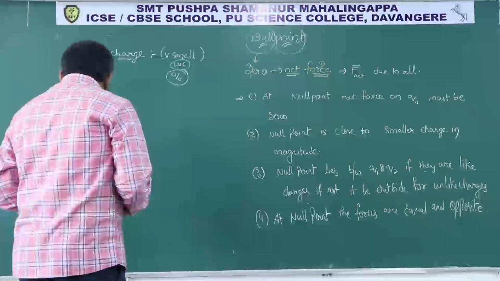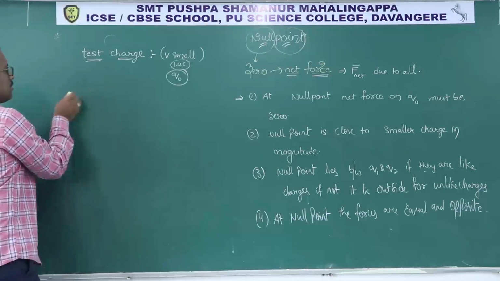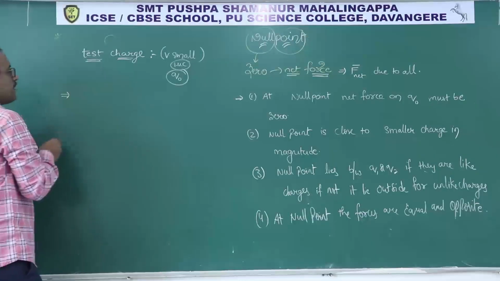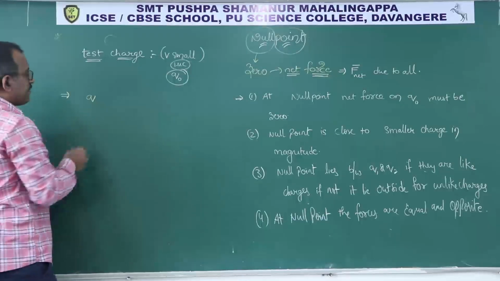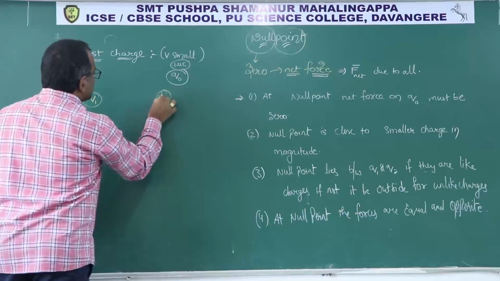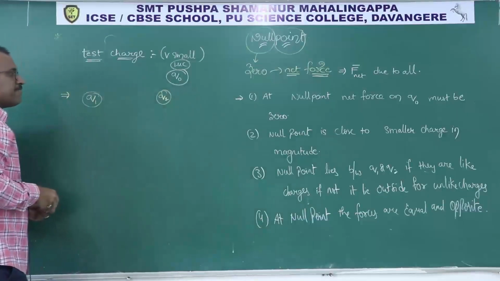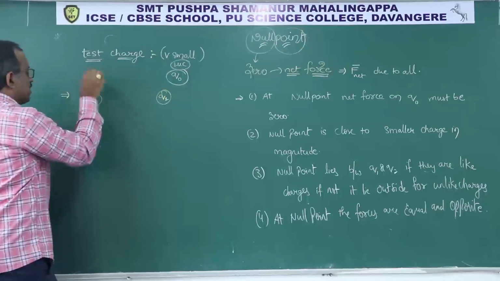So let us find out how to find the null point. Take it granted right now, this is the charge Q1, point charge. This is other charge Q2, other point charge. Magnitude wise, Q1 is greater than Q2, let me say.